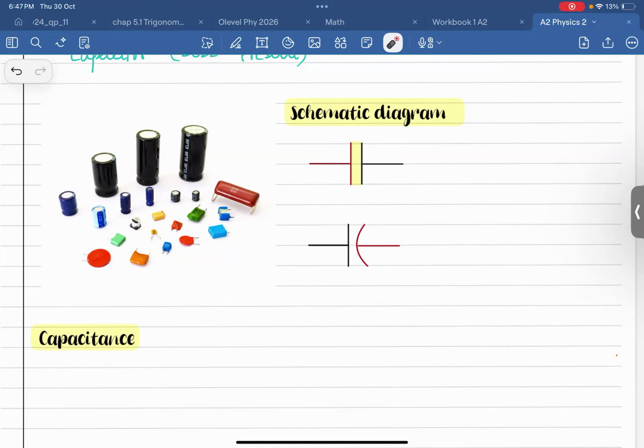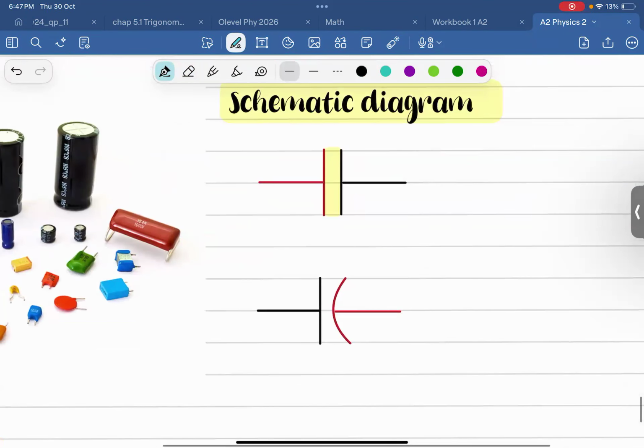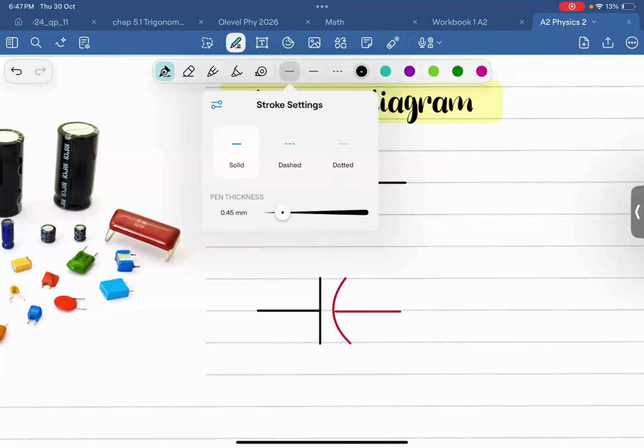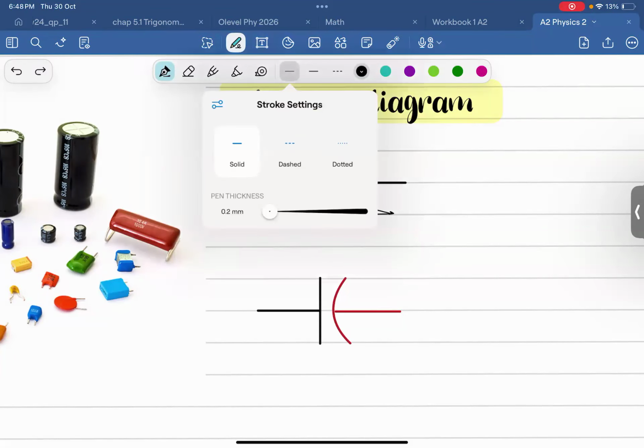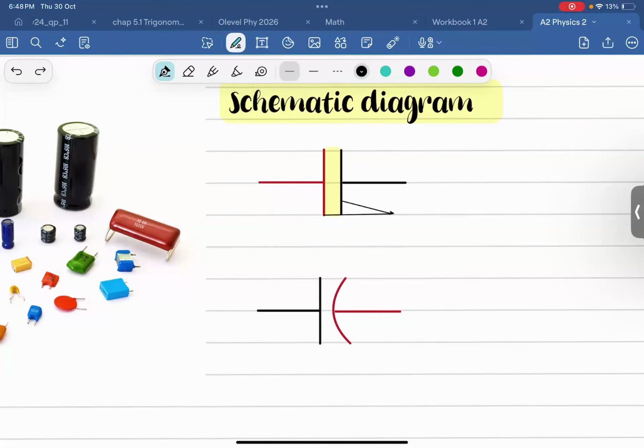And over here, it is called the parallel plate capacitor, with these being the metal plates. They are parallel metal plates.